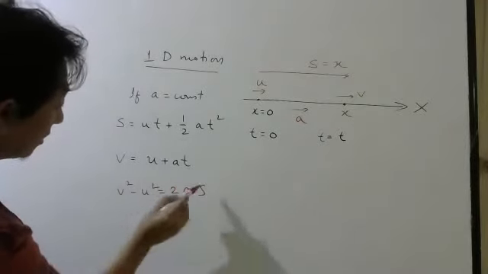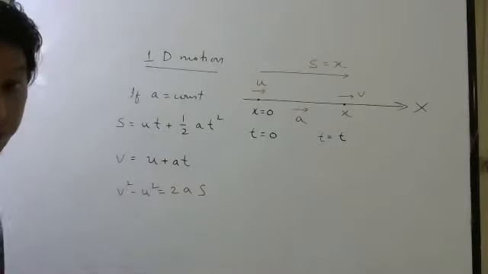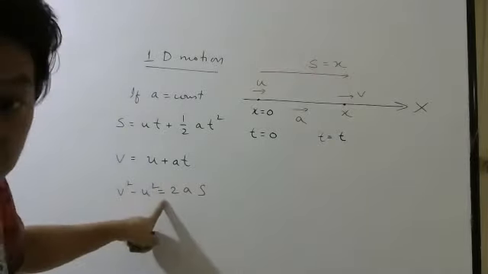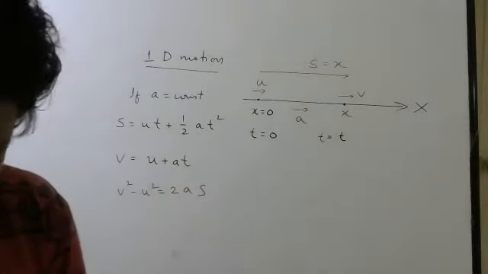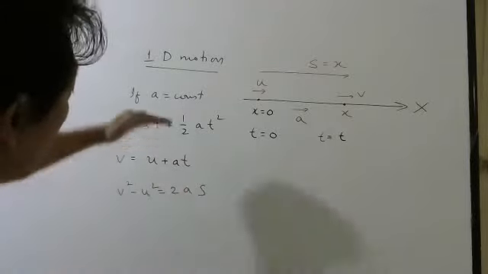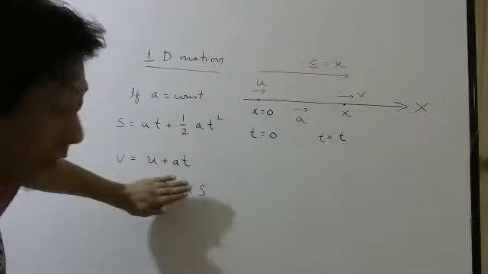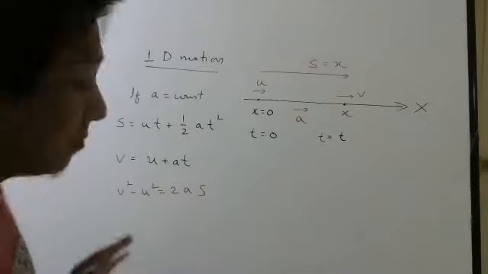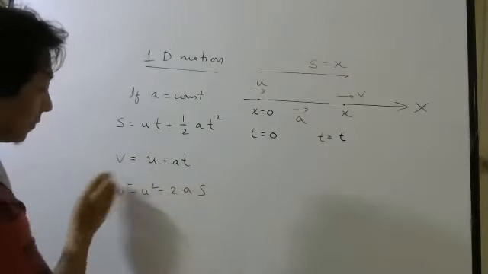But students, this can be found by using these two. Do you remember? Some of you have done homework also that time. So actually, these two are the main equations. This can also be important sometimes, but it can be found using these two.